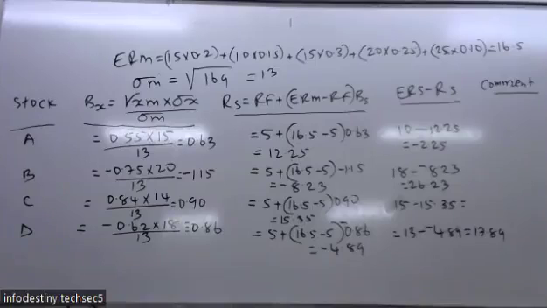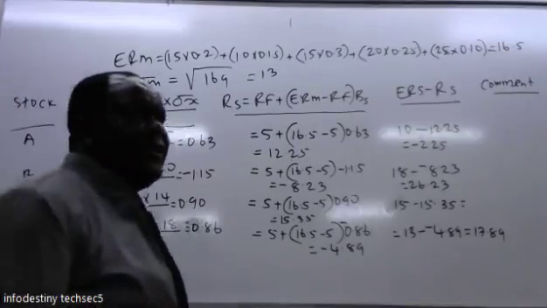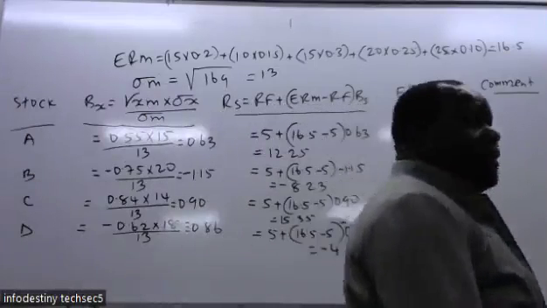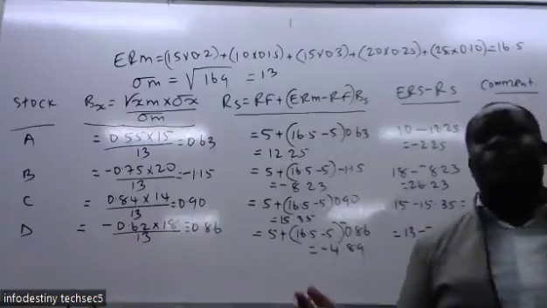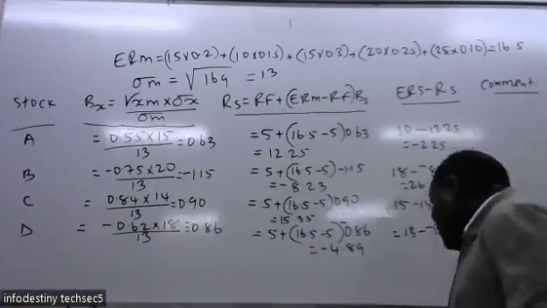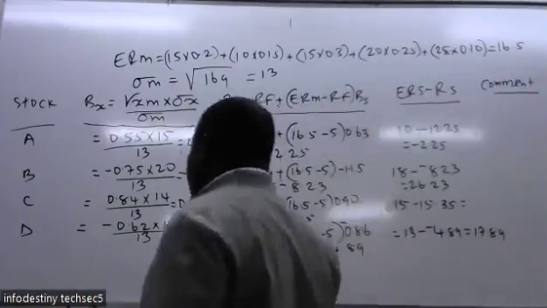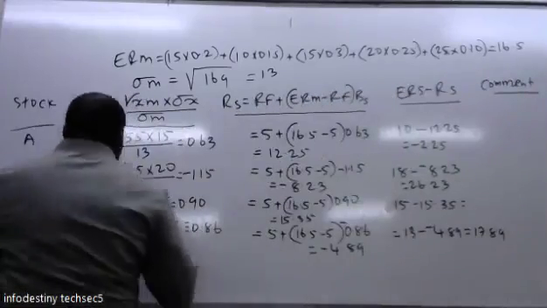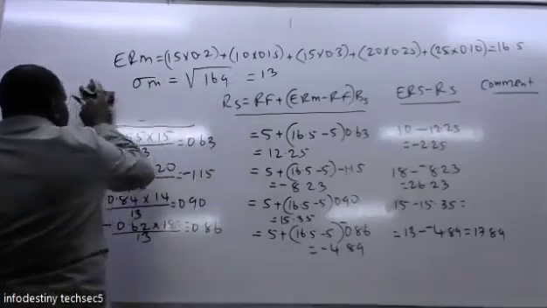But we also need to get the one for the combined, so that we make the overall comment. For the combined, I will first of all get the total market value.